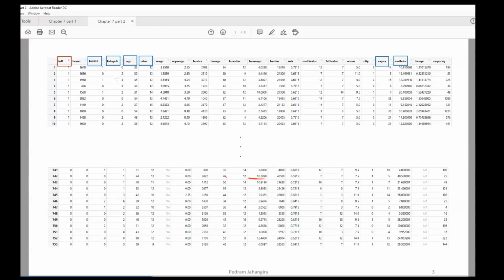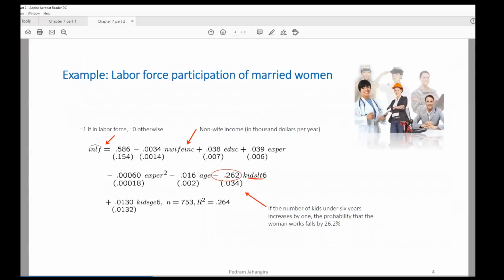So this is a discrete random variable. For every additional kid less than 6 years old, the probability of this woman attending the labor market is going to decrease by this unit. What's the unit? It's percentage. So the probability of this lady participating in the labor force is going to decrease by 26.2%.